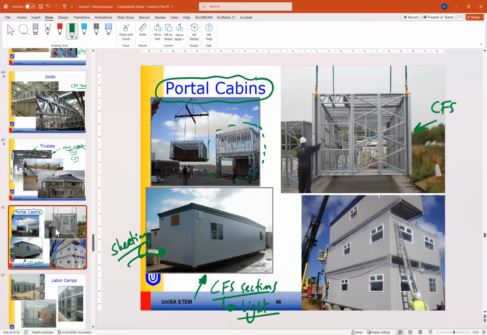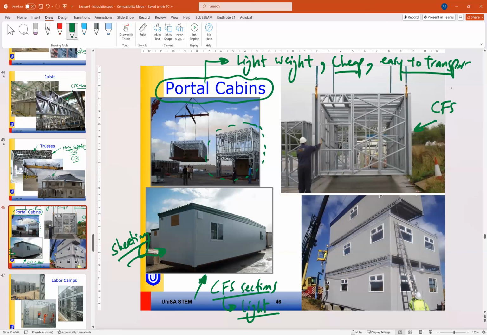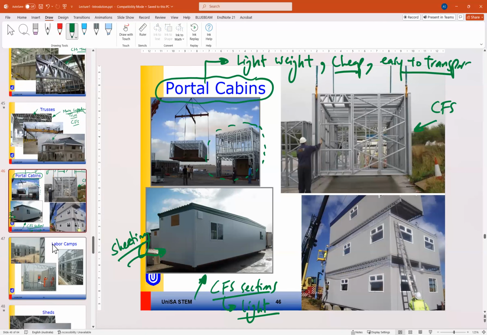So the portal cabin needs to be lightweight, so it is a lightweight structure, and also should be a cheap option, and also will be easy to transport. Okay, because this is designed to be a temporary accommodation, so it needs to be moved from place to place.